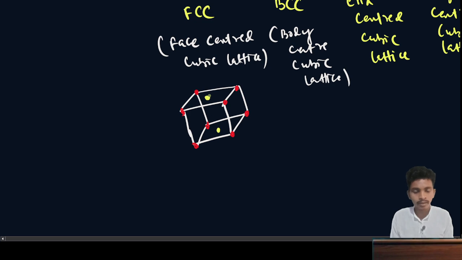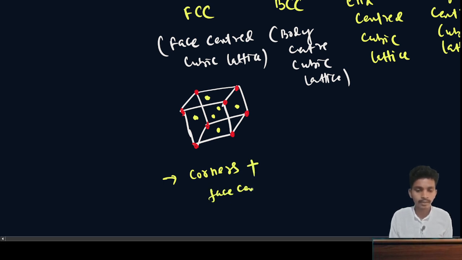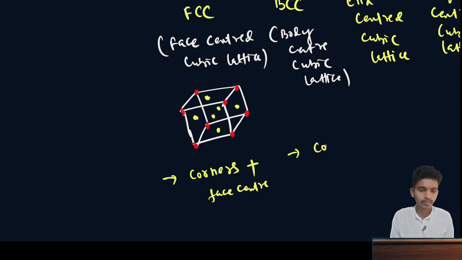This is the above face, this is the below face, this is the side face, and that is the back face, and this is the front face. So lattice points are there at the corners plus the face centers. And for body centered, corners plus one body center.